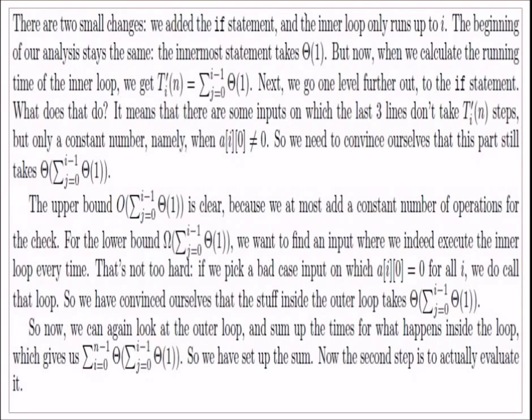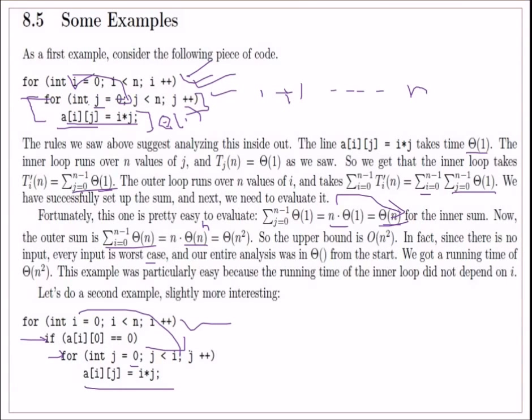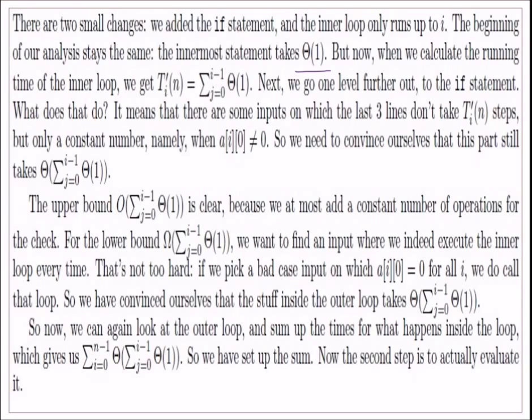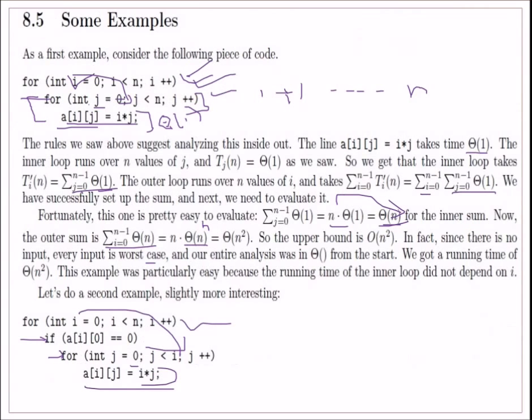In the beginning our analysis stays the same, theta of 1 for this line. This will always be the same. It will take order of 1. But now what we have to do is calculate the running time of the inner loop, theta of 1, j from 0 to i minus 1. See, it was j from i to n minus 1.